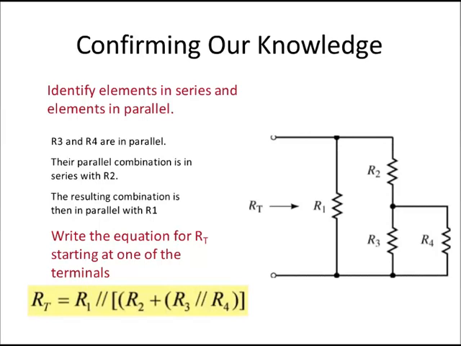And this resulting combination is then in parallel with R1. So we've discovered the relationships, we've identified the elements which are in series and the elements that are in parallel. And now we can write the equation for RT starting at one of the terminals. So the total resistance is equal to R1 in parallel with the combination of R2 in series with R3 in parallel with R4.